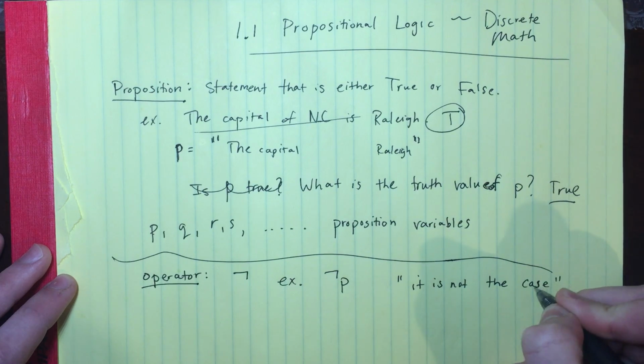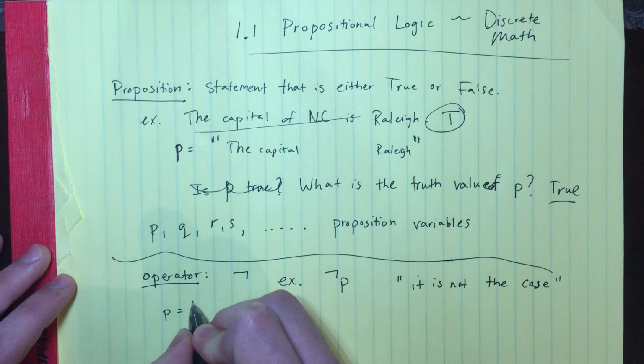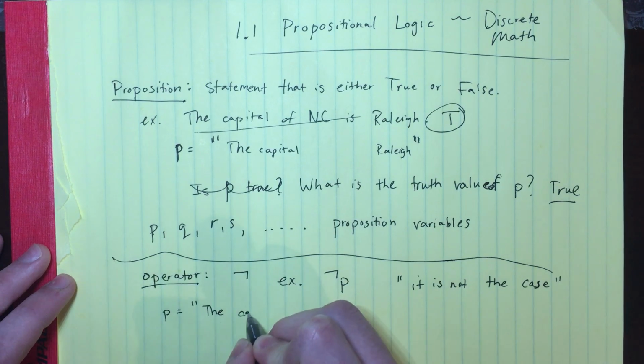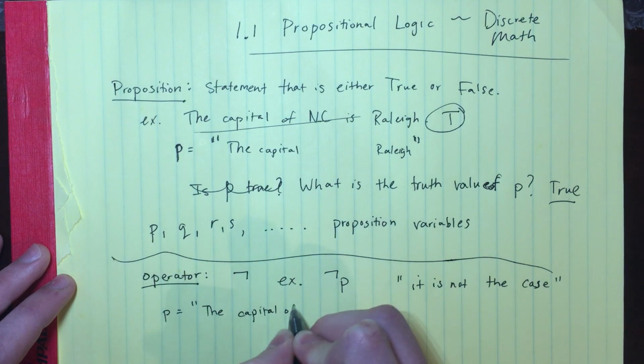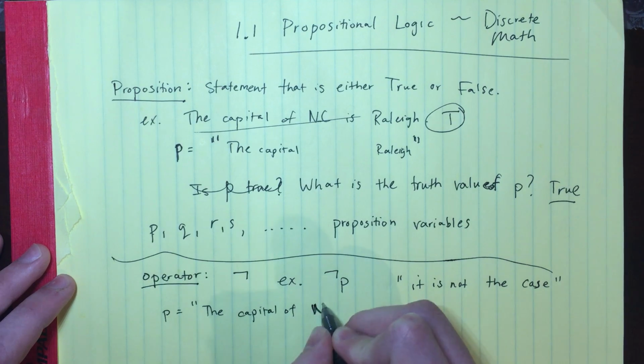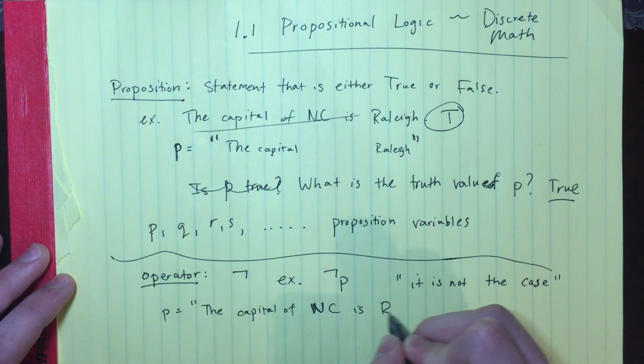Say P is equal to the capital of North Carolina is Raleigh.